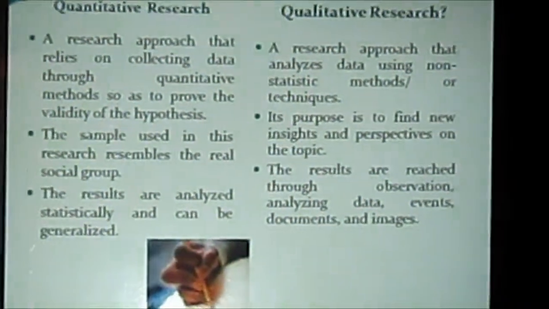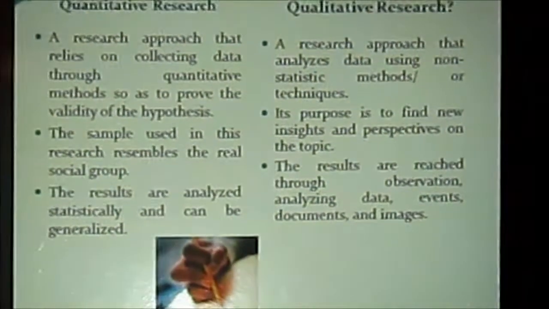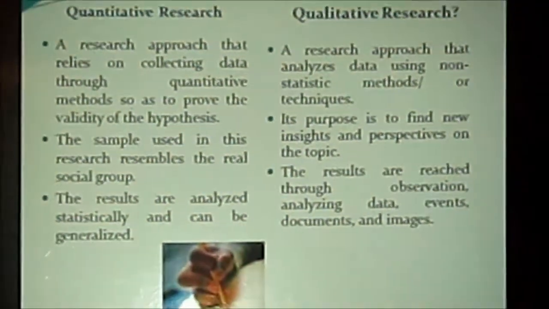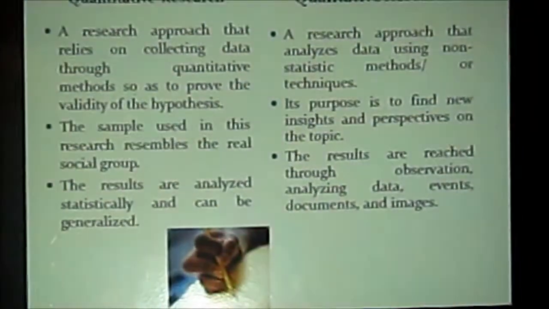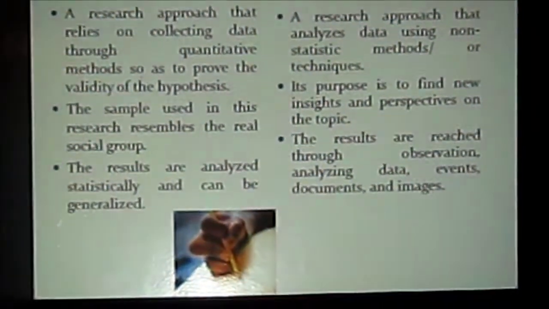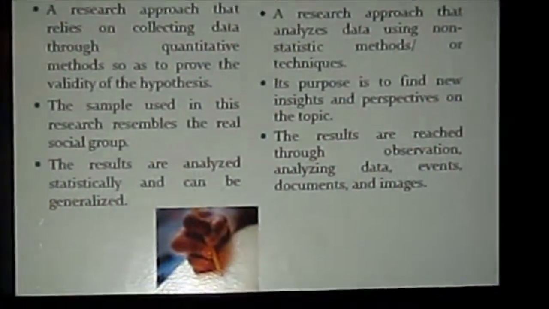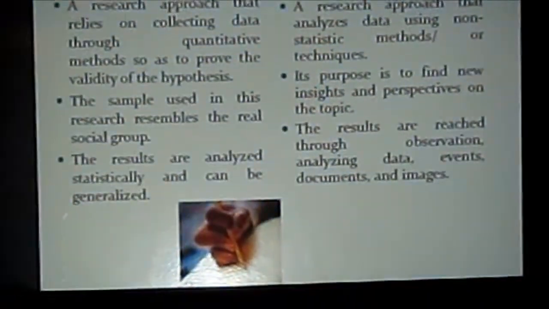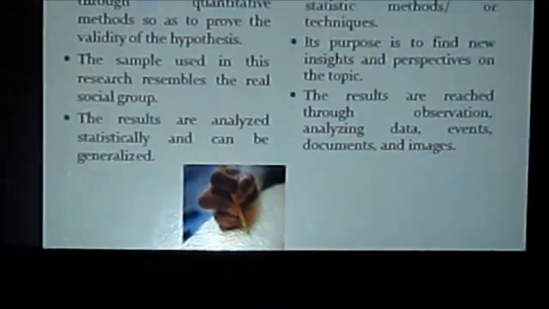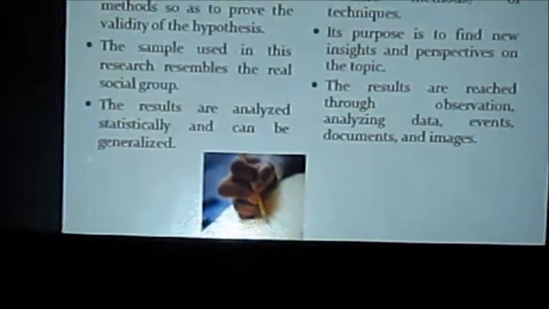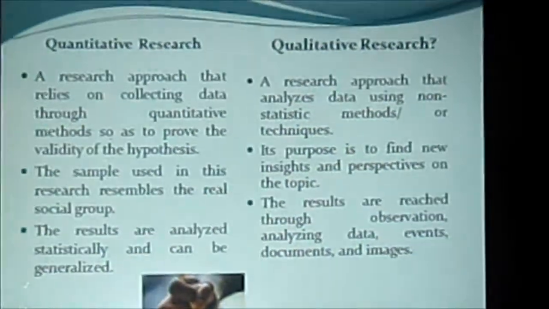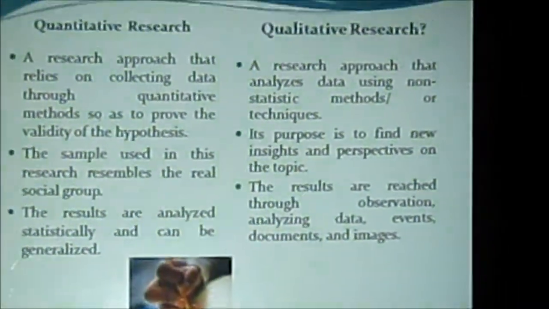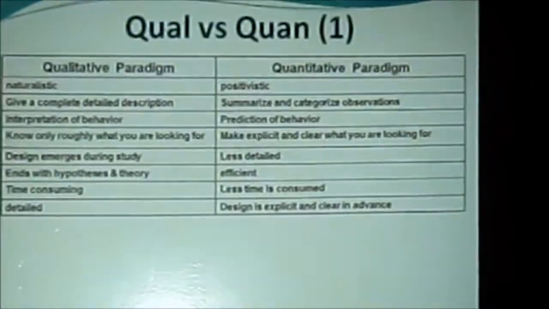Since the data are not numerical, no statistical methods are used to analyze the results. The results are reached through observation, through analyzing data, images, documents, or, let's say, the contents of what is written.